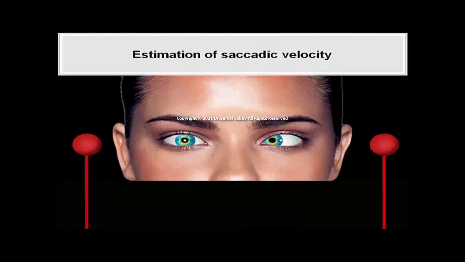Estimation of saccadic velocity of the eye may also be useful in distinguishing between a mechanical and a paretic limitation of ocular motility. If paralysis exists, the velocity of eye movement into the field of action of the paralyzed muscle will be markedly decreased. If the motility defect is caused by a mechanical obstacle, the saccadic velocity of an eye movement into the field of apparent paresis will be normal.